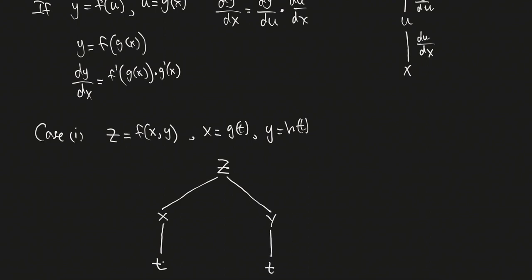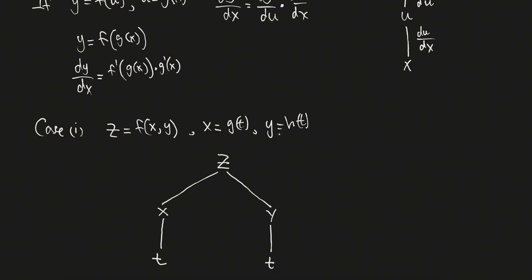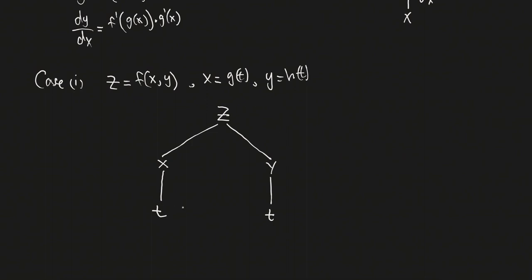So this is the tree that demonstrates this relationship. So, you have all the equations, but this is kind of a visual. So t is truly our independent variable. It does not depend on any other set of variables.